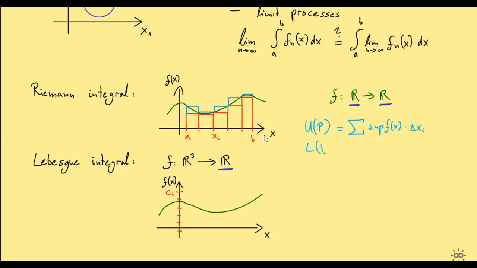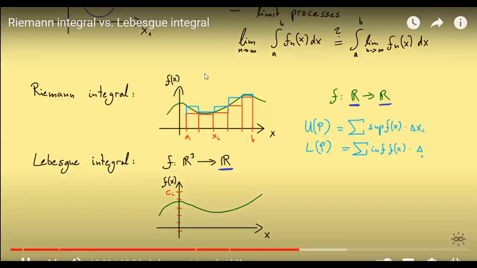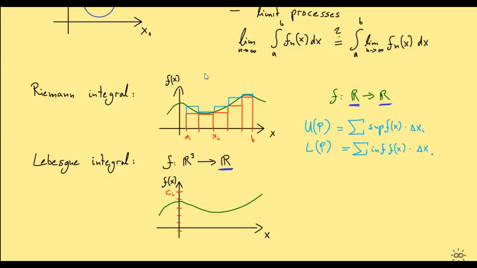And you can do the same for the lower sum. Then again we sum all the rectangles up, but each one is given by the infimum of f of x inside the given interval times the length of the rectangle, so times the length of the interval there. So I call it delta x_i. In this way we usually define the Riemann integral.